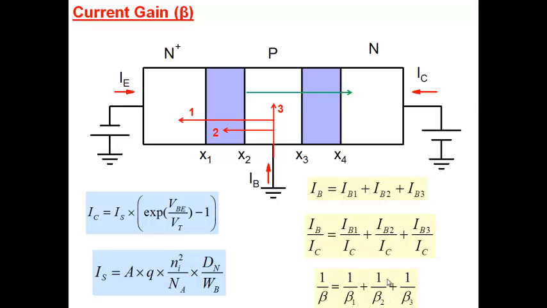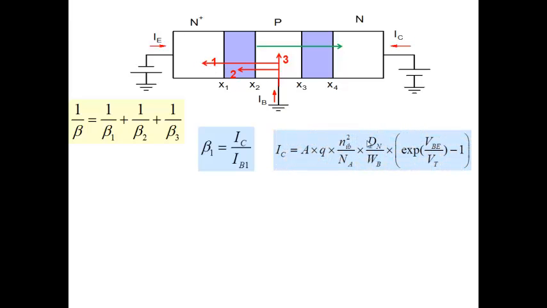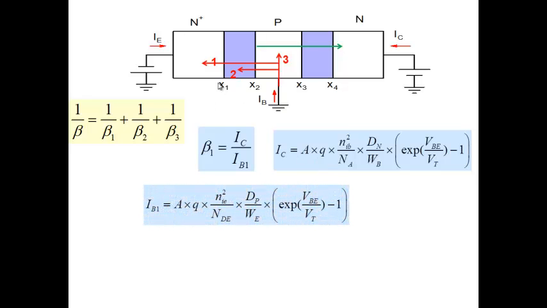So what we were doing was looking at each one of these components one at a time. So let's look at the first component, which is due to current injected into the emitter, the holes injected into the emitter. And okay, so we have this collector current here. So we were trying to get the expression for IB1, which we had obtained earlier during the derivation of the Ebers-Moll model.